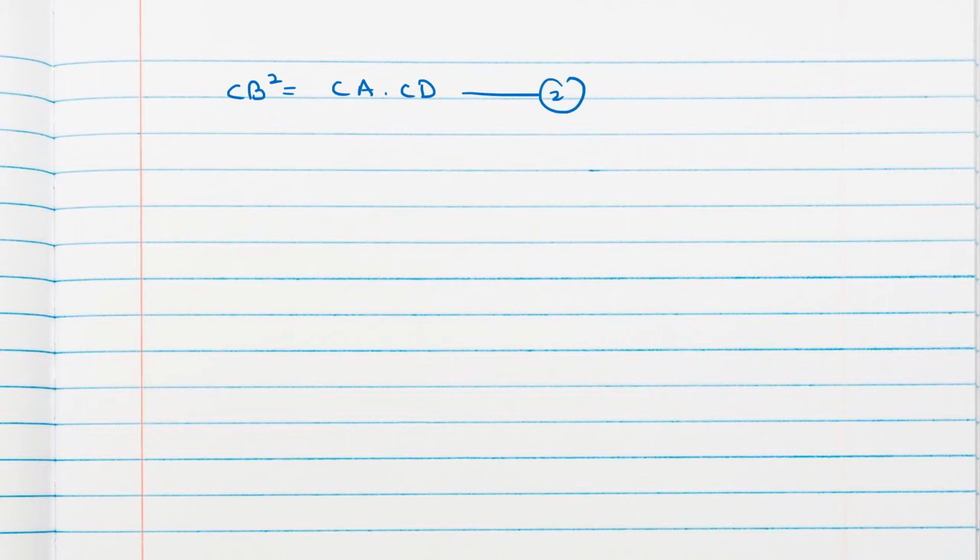Now what we can do, we can add 1 and 2. So add 1 and 2. Left hand side will be AB square plus BC square, and here CA dot CD, and AD dot AC I got in equation 1.